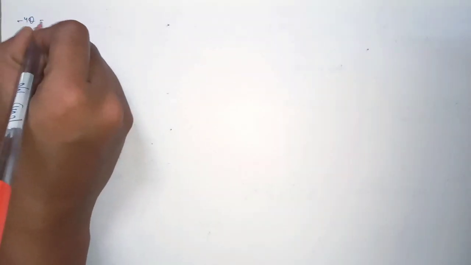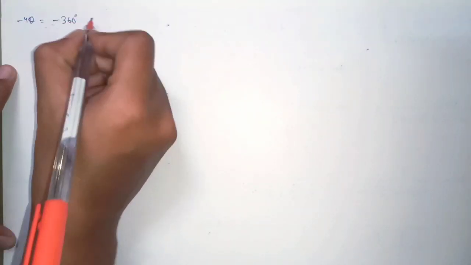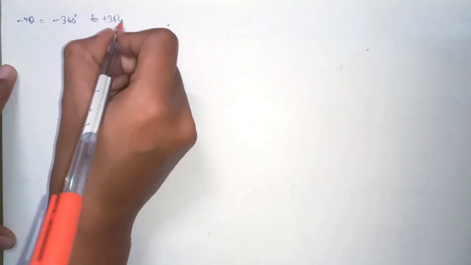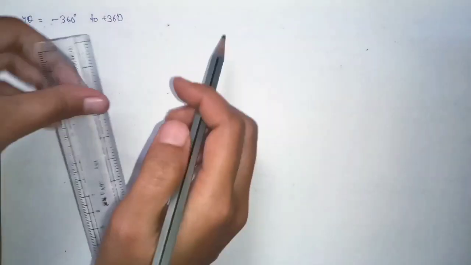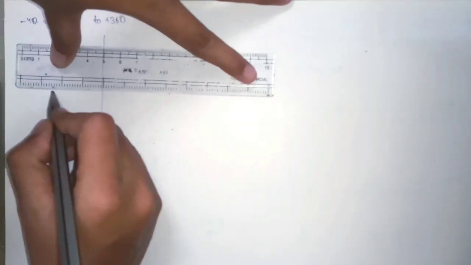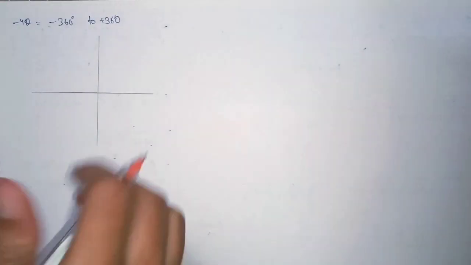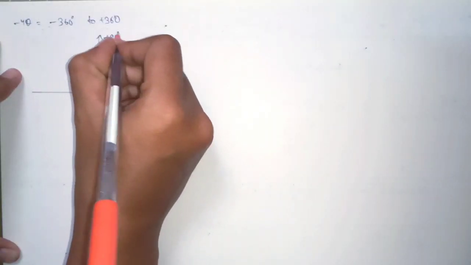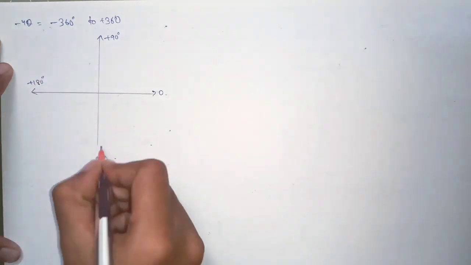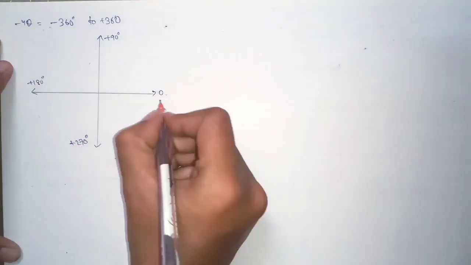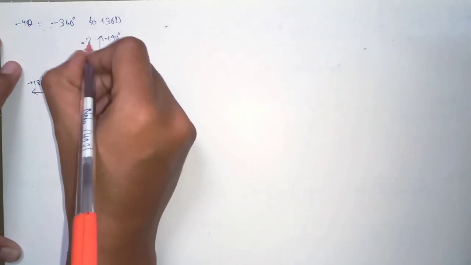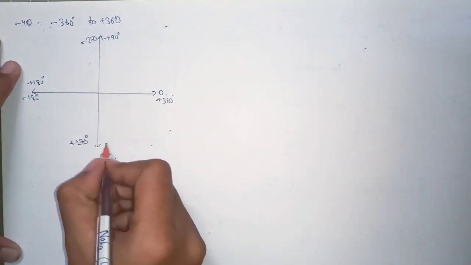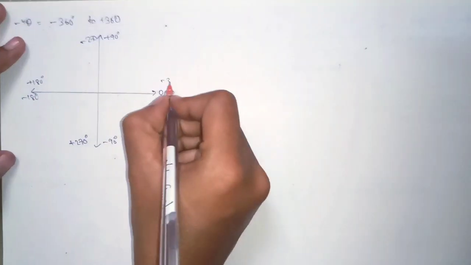As we got minus 4 theta from minus 360 degrees to plus 360 degrees, we will draw the contour for it, and this is for C2. Now this is 0, this is plus 90, plus 180, plus 270, plus 360. Again this is minus 270, minus 180, minus 90, and minus 360.